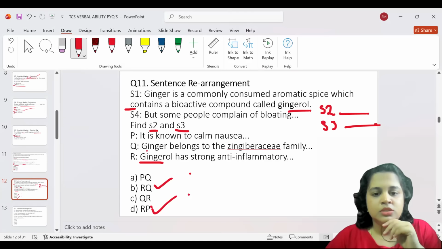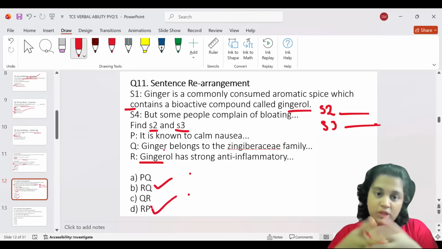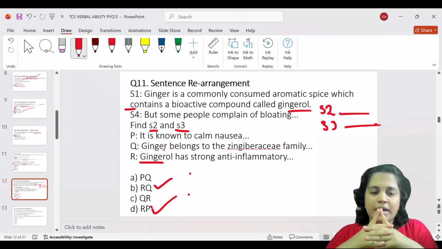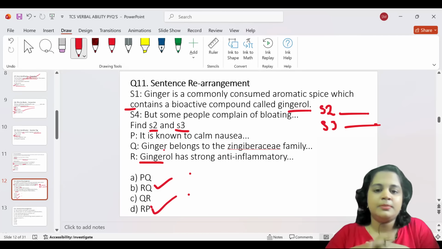Right. Ginger belongs to the Zingiberaceae family. It is known to calm nausea. If I put Q on S3, it is factually correct, but it would not fit into the paragraph. Out of nowhere, if I say that it belongs to this family and then say that some people complain about bloating, it is not going to fit, right?